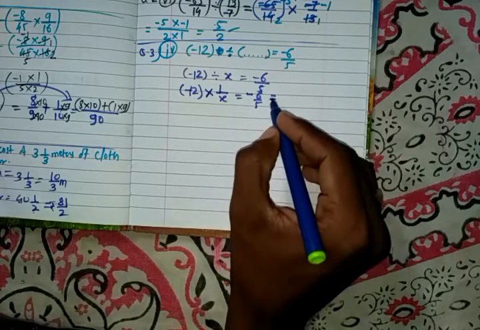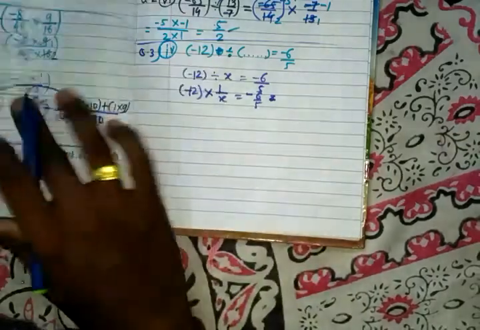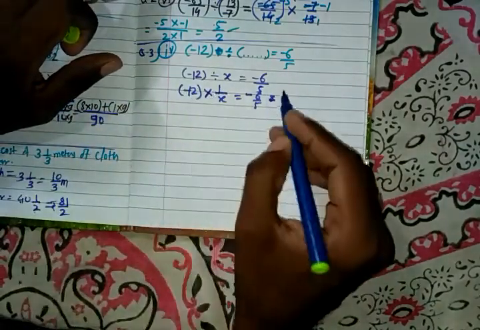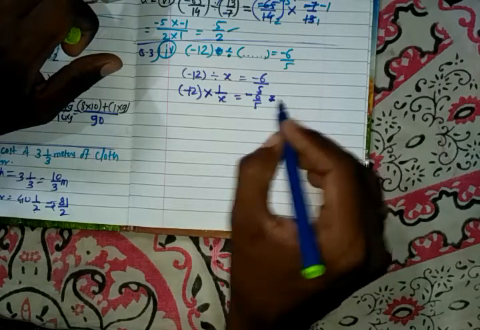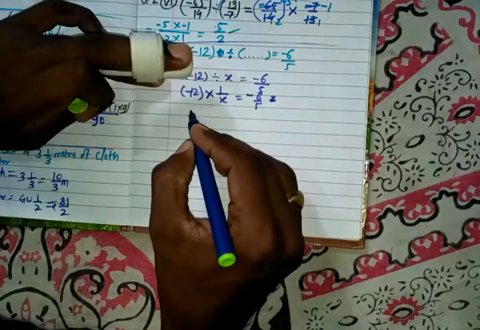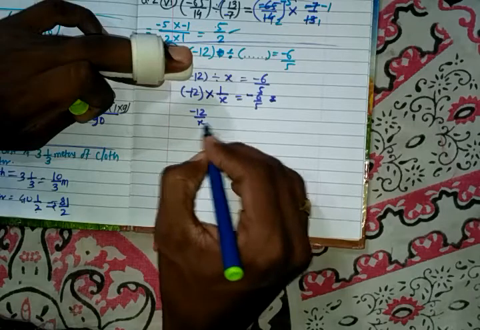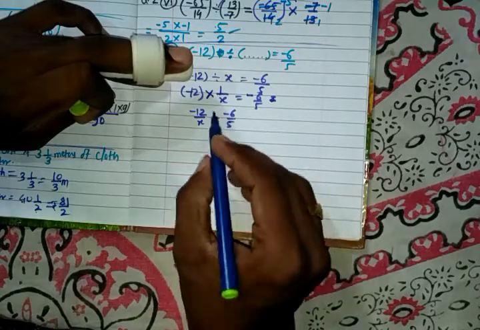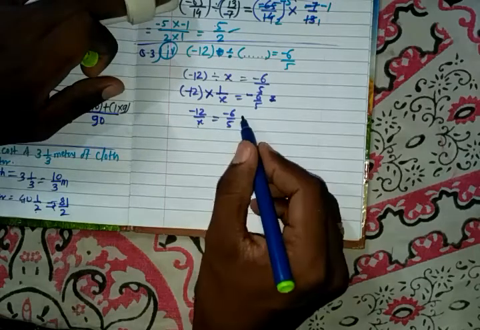Now we will first do the product of the numerators. So that would be minus 12 into 1, that is minus 12 by x equal to minus 6 by 5. Now we will shift this x to the other side.